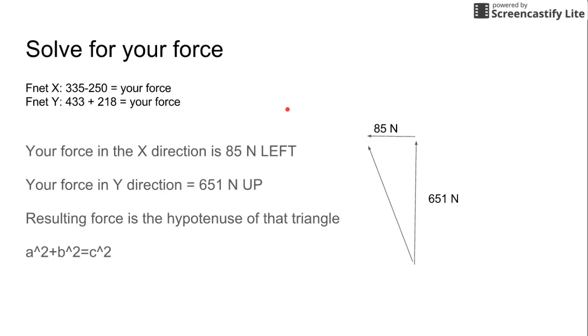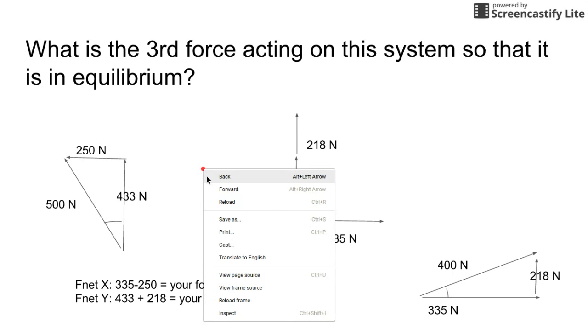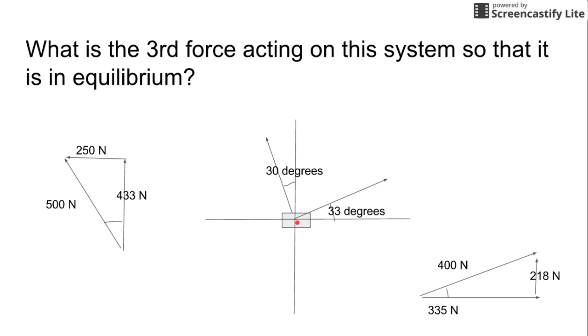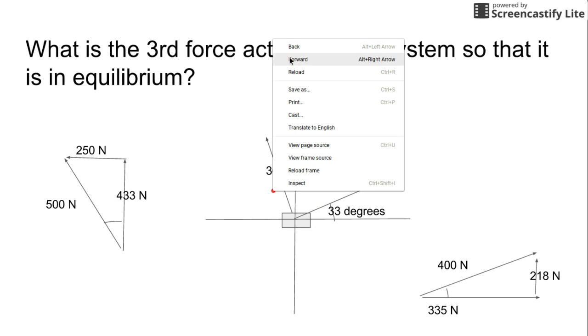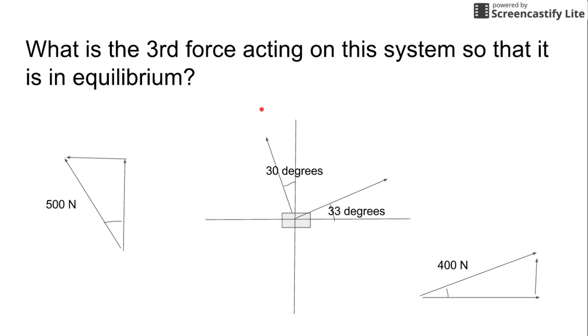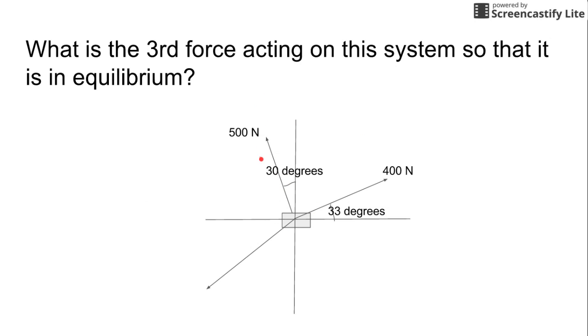85 newtons left, because without that force it's going to go to the right. So your force in the x direction is 85 newtons, and your force in the y direction is 651 newtons. I'll go back a little bit. This was 500 newtons, this is 400 newtons.